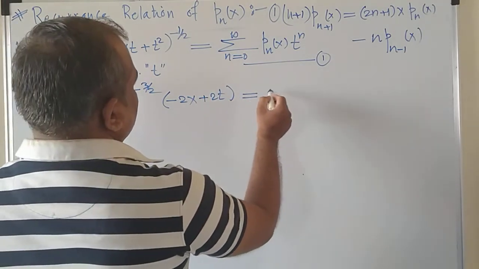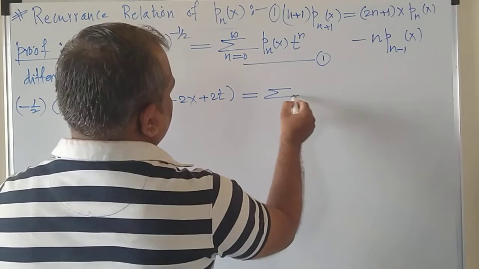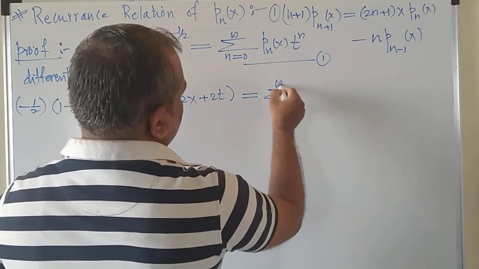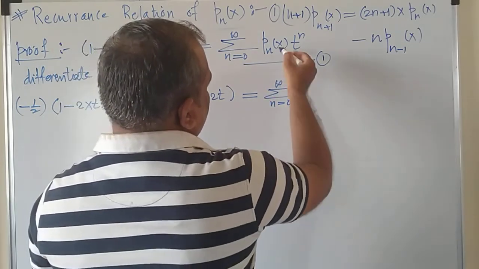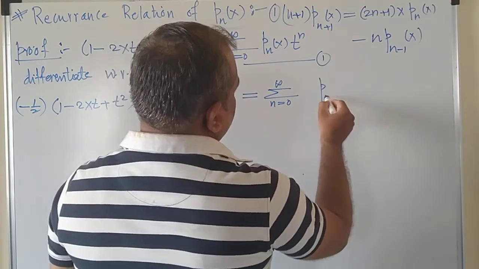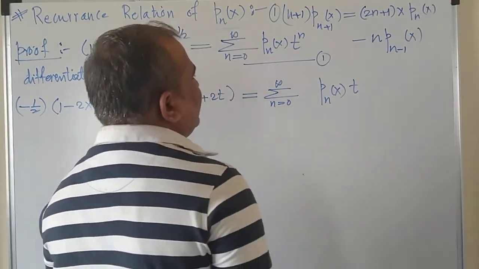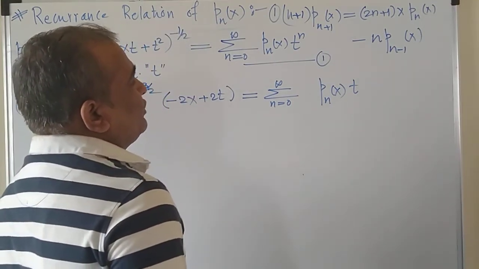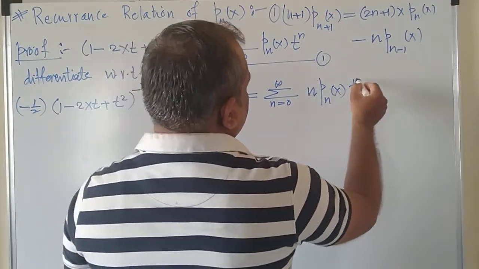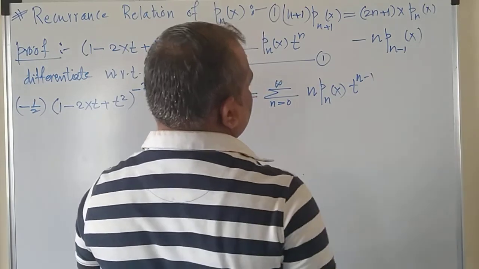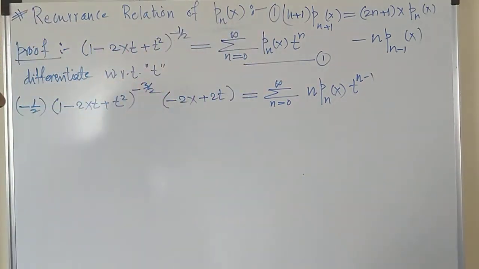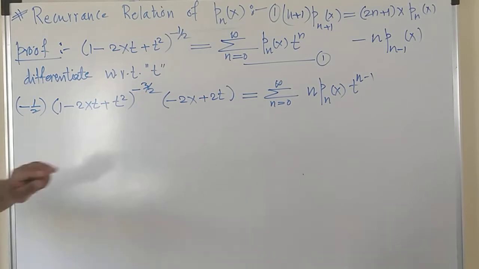And this is equals to summation n equals to 0 to infinity. Pn of x is a constant now, so I will write this Pn of x as it is, and the differentiation of t raised to n is n t raised to n minus 1. So n t raised to n minus 1.